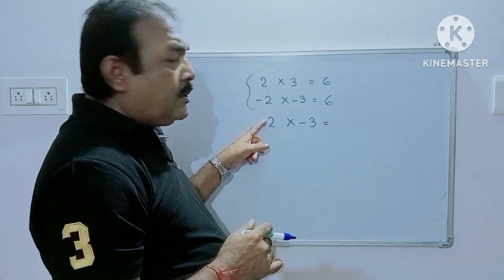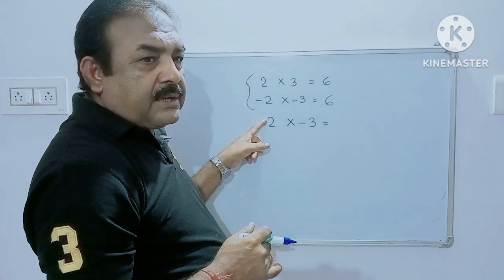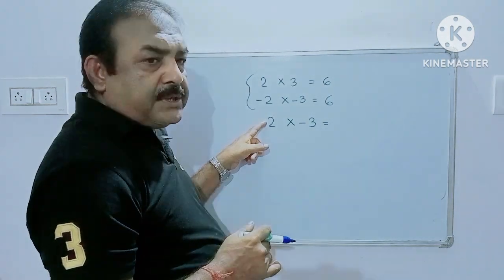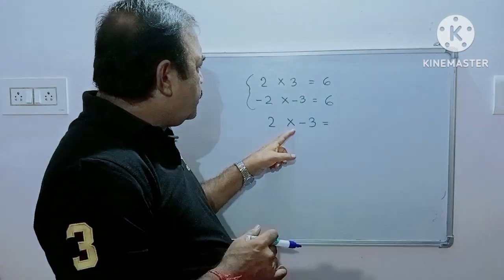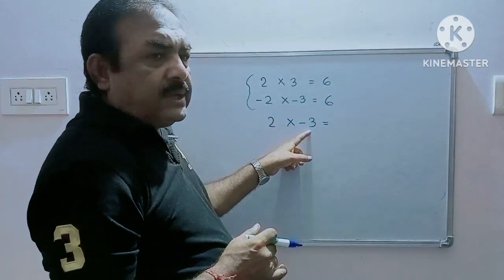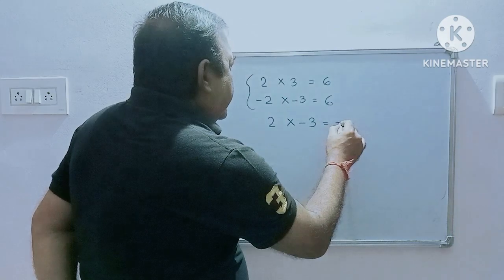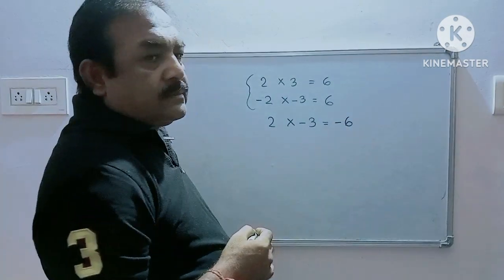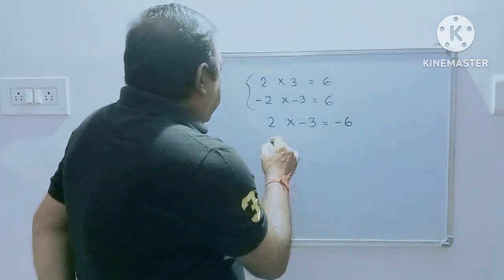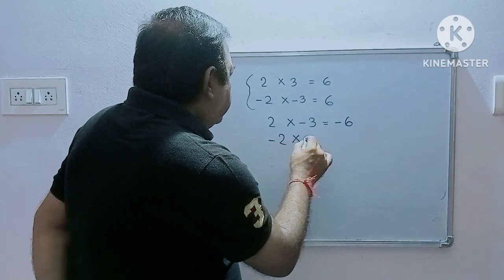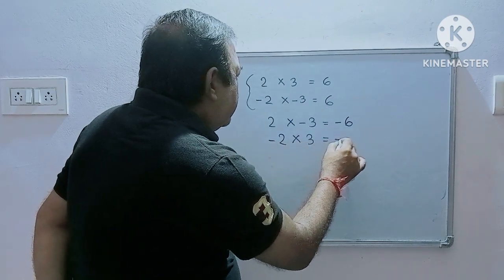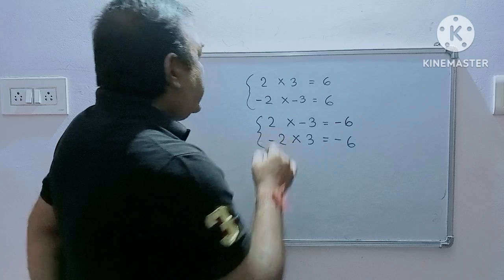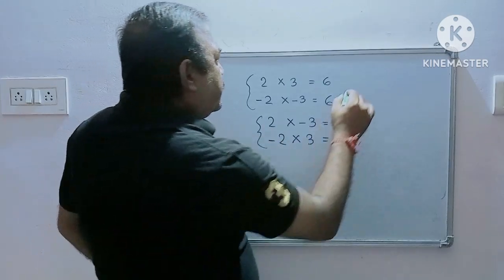The plus sign is generally not written, so it is a positive integer. So 2 multiplied by minus 3 is equal to minus 6. And if I write minus 2 into 3, that is also minus 6. You remember this. And in short, what we do?